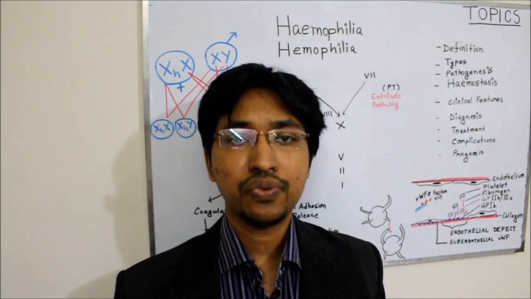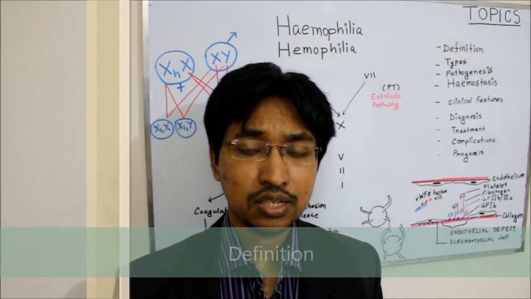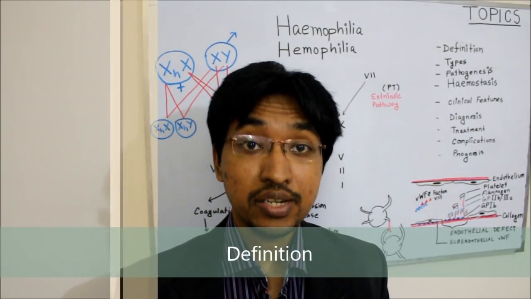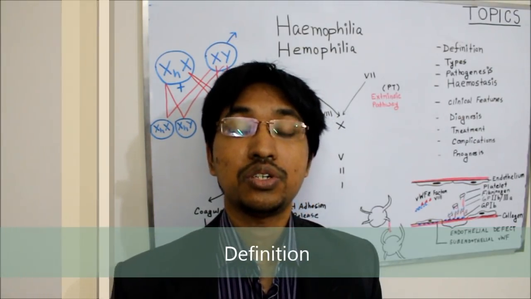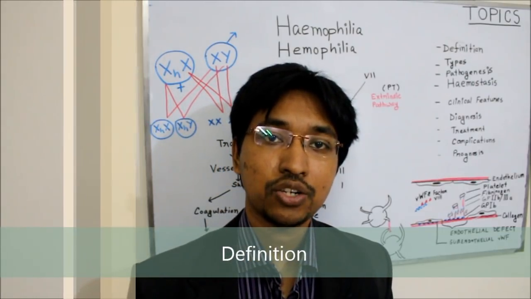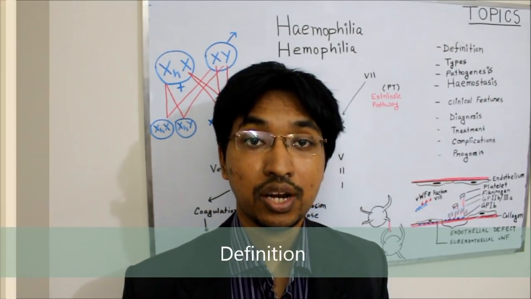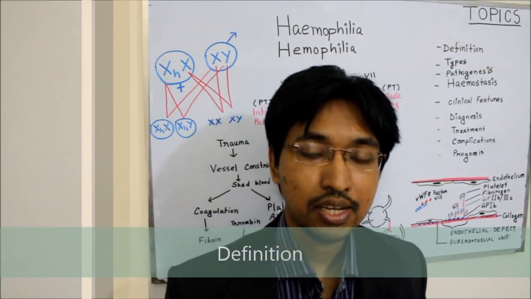So, what is hemophilia then? Hemophilia can be defined as a common hereditary coagulation disorder due to deficiency or reduced activity of factor 8 or factor 9. Okay, so I am repeating the definition again.